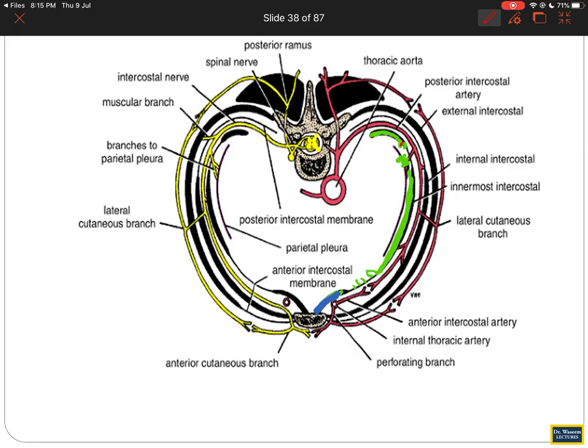If you cut your trunk here, you have the vertebra and the ribs here, and these are the depressions. They are the concavities on 2 sides of the vertebra. We call them paravertebral gutters.